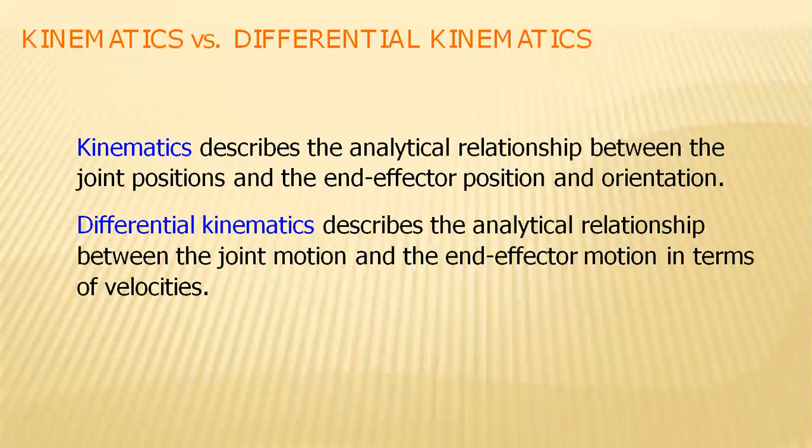But what is the basic difference between normal kinematics and differential kinematics? Normal kinematics clearly specifies the analytical relationship between the joint positions and the end effector positions and orientations. But differential kinematics describes the analytical relationship between joint motion and end effector motion in terms of velocities.